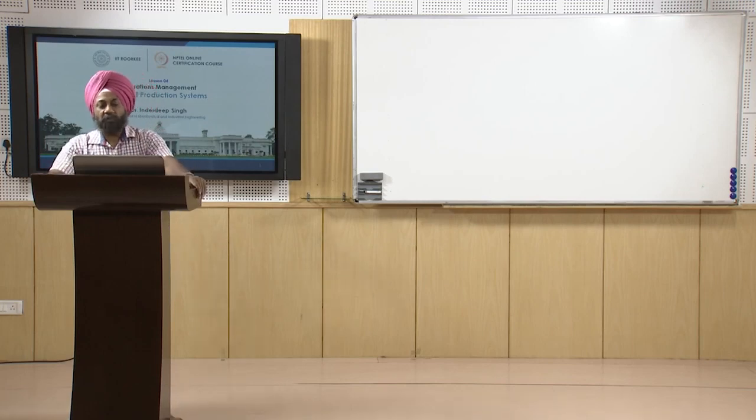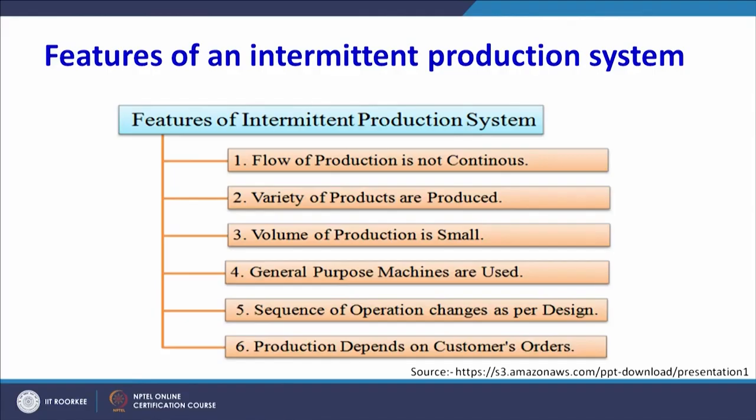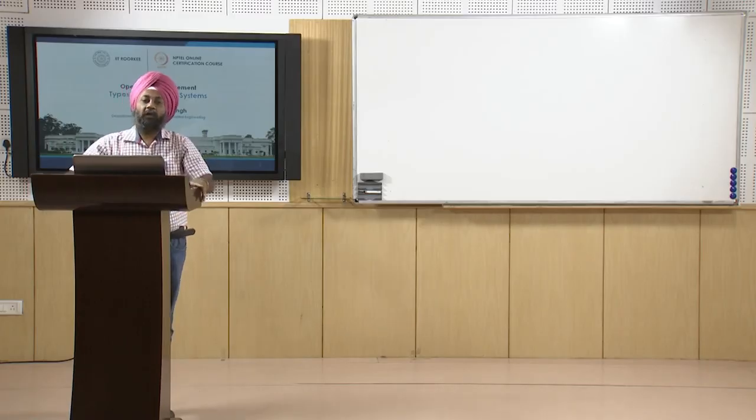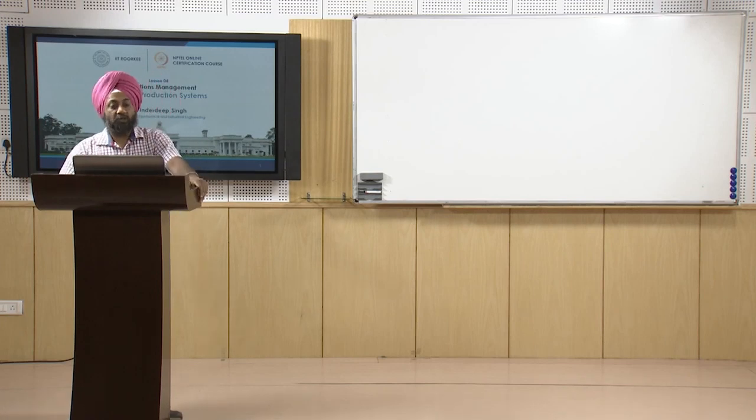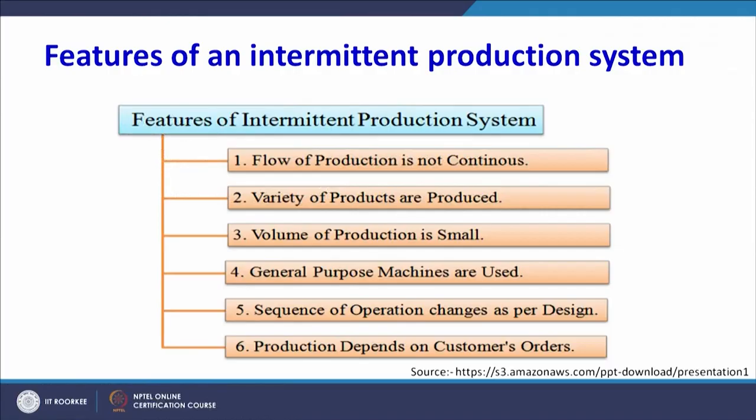Now what are the features? Now you can try, this can be an assignment, try to match the 5 P's with these characteristics. So what are the features of intermittent production system? Very quickly we can see, flow of production is not continuous, variety of products are produced. So you can see variety of products, so focus is on products, the first P of the overall framework of operations management. Volume of production is small, so it is related to the process.